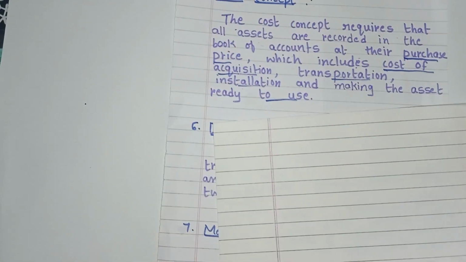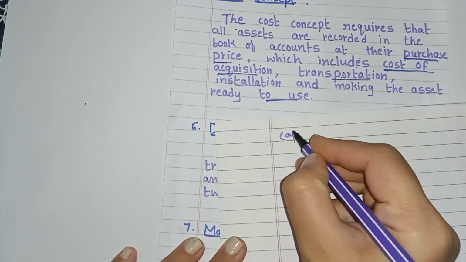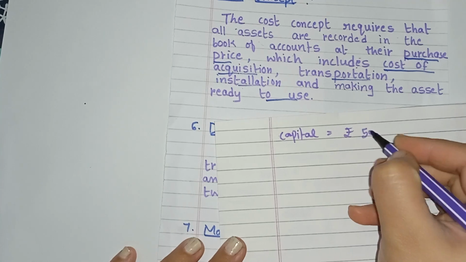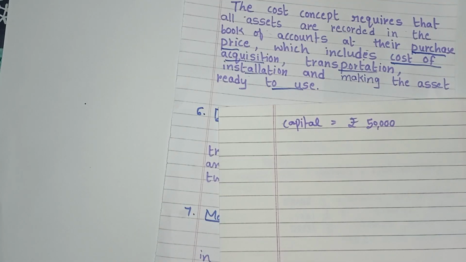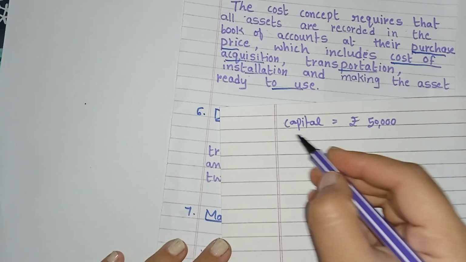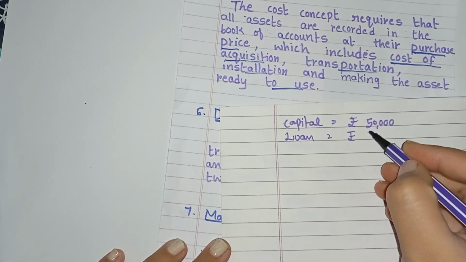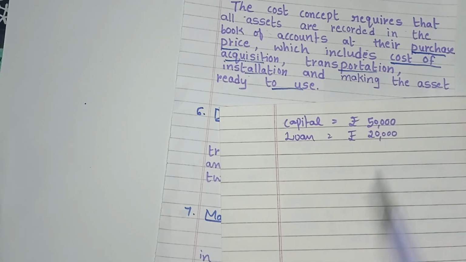We assume the owner of the business invests rupees 50,000 as capital. So capital equals rupees 50,000, and the business takes a loan of rupees 20,000 from a bank. Loan equals rupees 20,000.